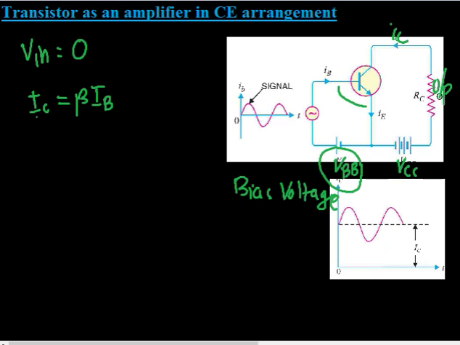And this collector current IC is due to the voltage source connected in the base emitter junction, that is due to VBB, and this collector current flows through the circuit even when no signal is applied. So this collector current is called zero signal collector current.